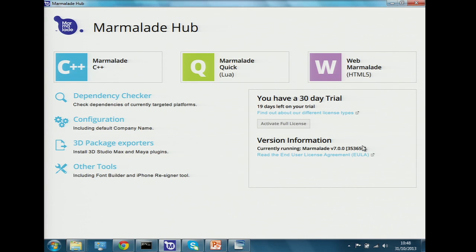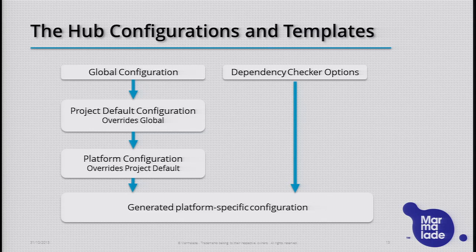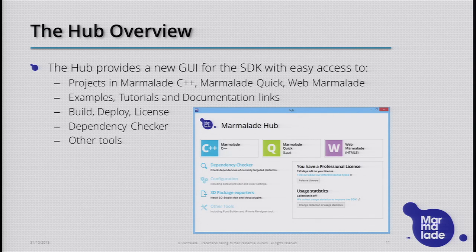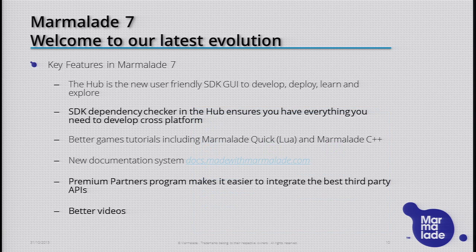But I'd like to bring it back to the initial slide, which is basically a summary of the presentation and what we're on about. Marmalade 7 is about you. It's about trying to get you more efficient, and making all the content that we have available to you.